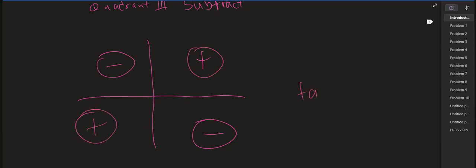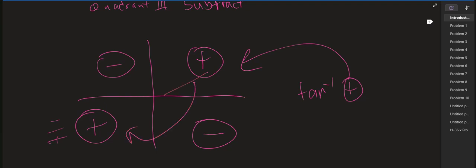So if you take the inverse tangent of a positive number, it gives you the first quadrant answer. If you had a negative over a negative, then you subtract 180 to get this value. And if it's a negative, it'll give you this value, and you add 180 to get up to that one.